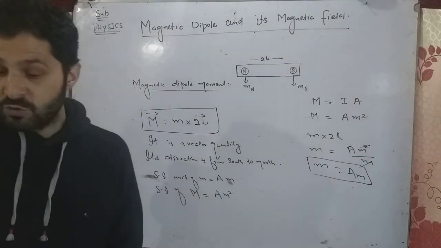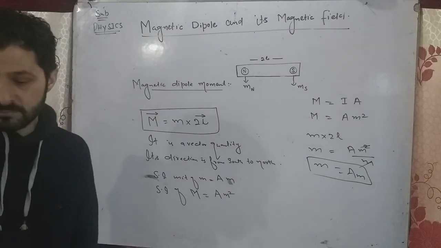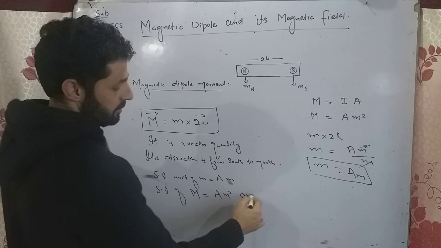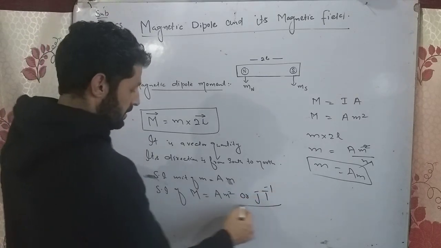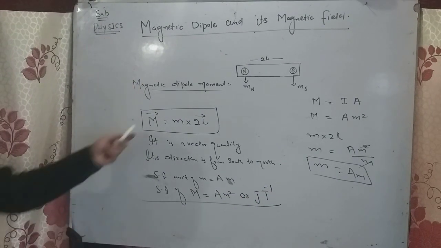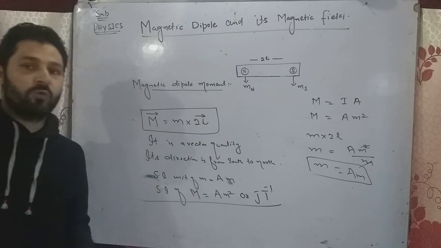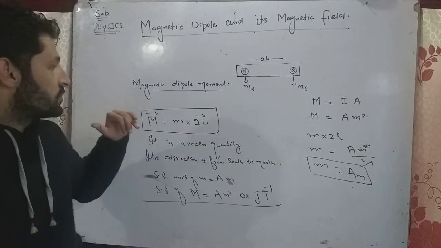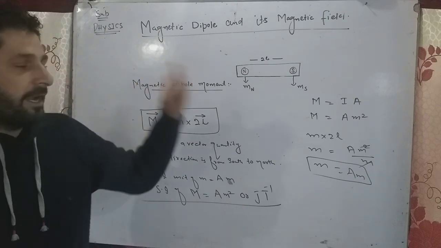This is about the unit of magnetic dipole moment and magnetic pole strength. So we were discussing magnetic dipole moment and magnetic dipole.